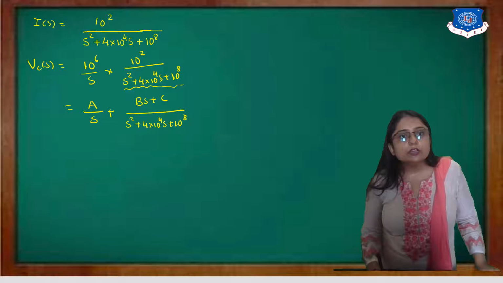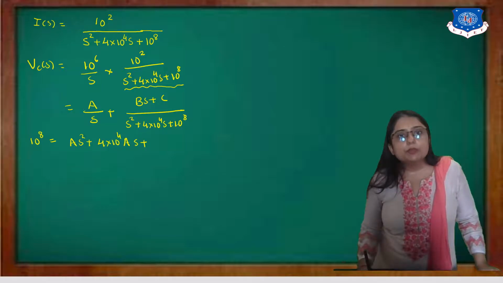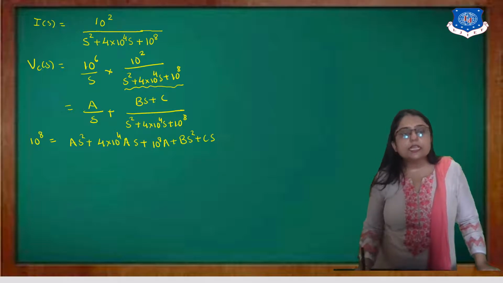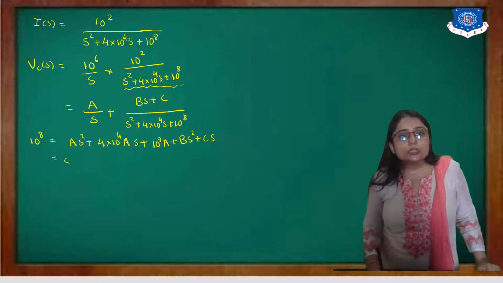Now just solve it. Here in the numerator, we have 10 raised to 8. Now cross multiplication. So what we get? A into S square plus 4 into 10 raised to 4S plus 10 raised to 8, plus BS square plus CS. Now take S square common.